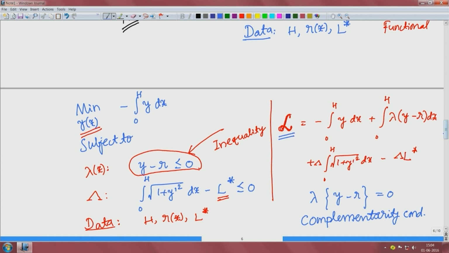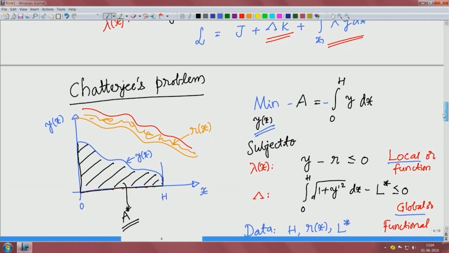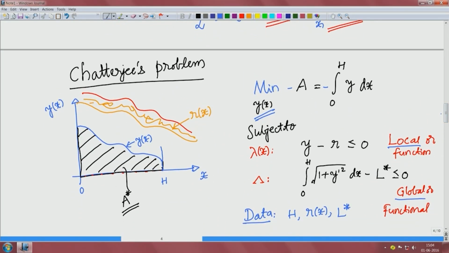Okay. So, if we go back to the problem, if we say y minus r equal to 0, that means at some point the function may just follow the river. Okay. So, here we say the constraint is active. Right.